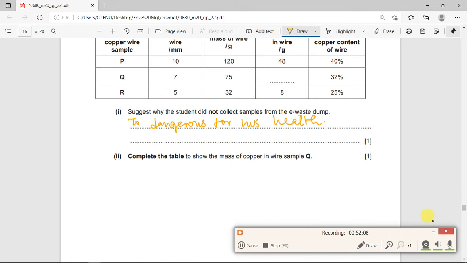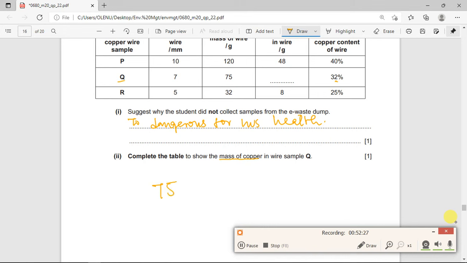Next, complete the table to show the mass of copper in wire sample Q. So we are looking at wire sample Q here. The mass of copper, we have the total percentage of copper in the wire, and the mass of the wire in grams, which is 75.